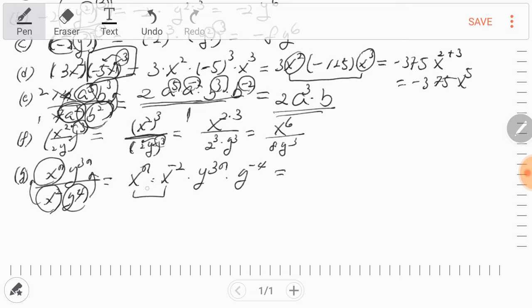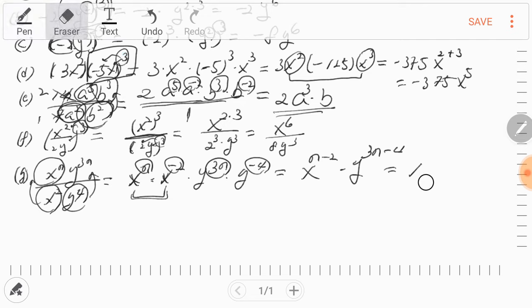Then, for the product of two exponential forms with the base x, what we do is add the exponents of the base x. And how about the y? It's the same thing, add the exponents, so 3n minus 4. Then this is the simplified expression.